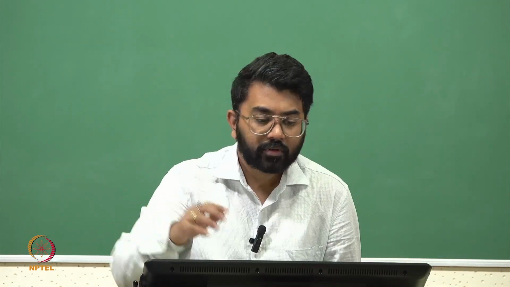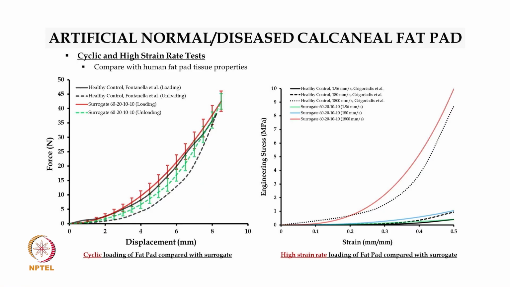Okay, so these calcaneal fat pad simulants which we had developed were also subjected to cyclic and very high strain rate based loadings. So in the figure on the left, you are looking at the cyclic loading where you have the healthy control. This is from another research done by Fontanella et al.